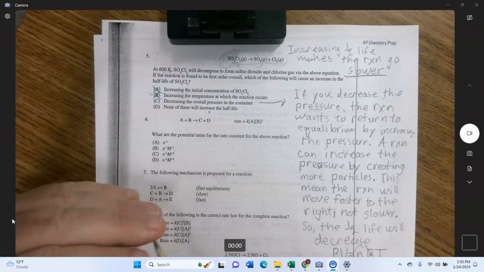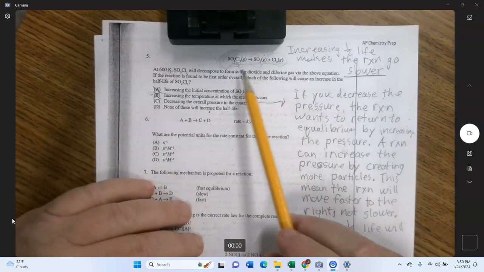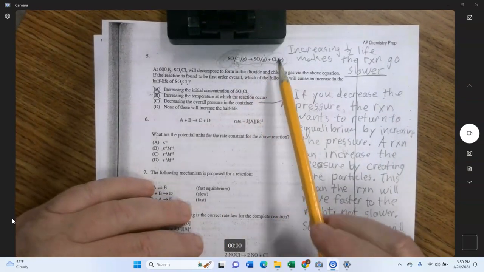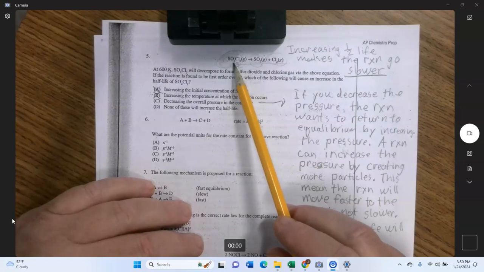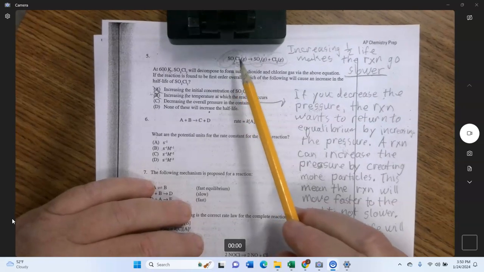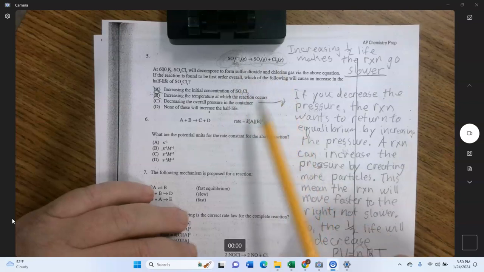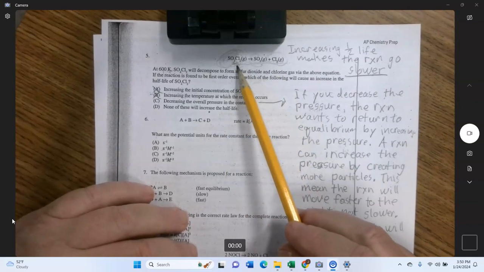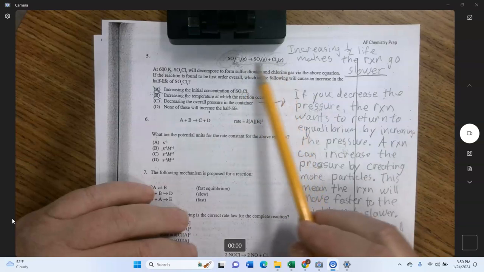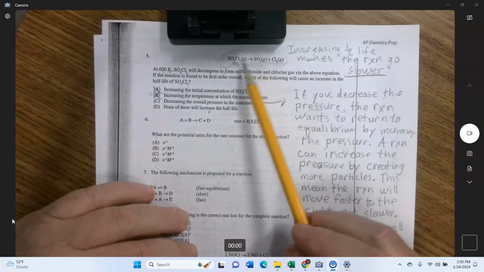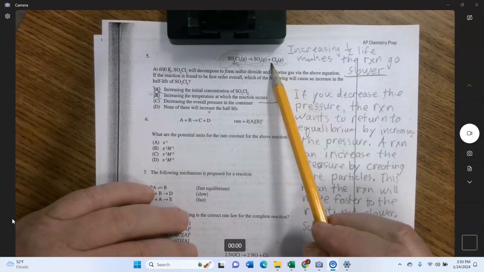So that means it would decrease the half-life. The reaction going faster means it takes less time for this to break down, to get cut in half. And so therefore, by decreasing the pressure, you are going to cause the reaction to want to increase the pressure by creating 2 moles for every 1 mole that it gives up.